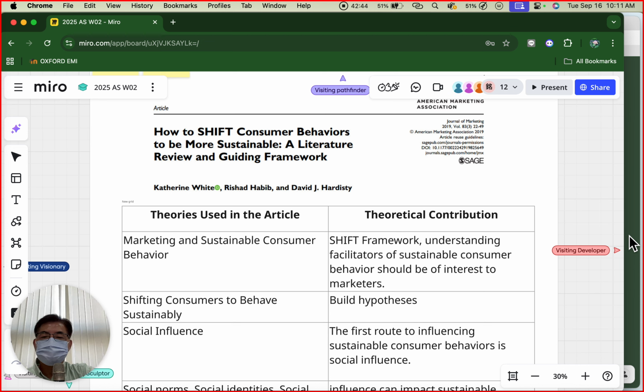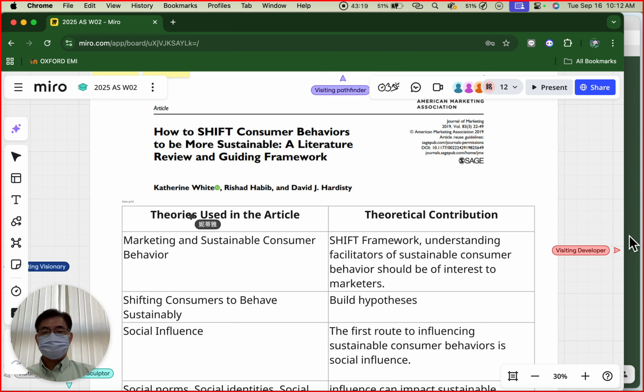Basically they don't have variables, because it is a literature review, but they review around 320 studies and then summarize the main factors. For example, social influence, habit, information, and then individual self, feeling and cognition, and tangibility. So what is the variable they mean here? They don't conduct the research. This is a literature review.